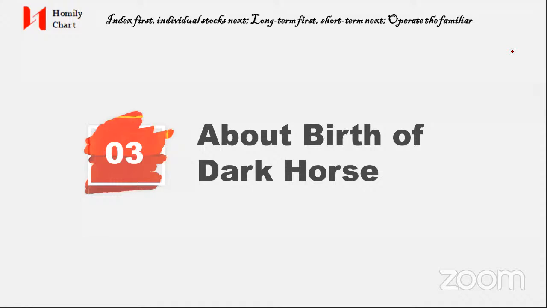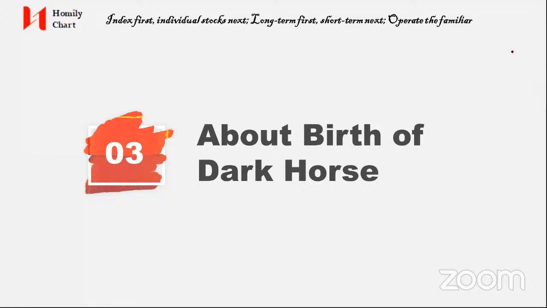Among all the 5 horses chart, the birth of the horse, the retreat of the horse, the speedy dark horse, the second retreat, and the final, the flying dark horse, the birth of the horse is the most important and the most complicated one, because it's the long-term reversal from bearish to bullish.